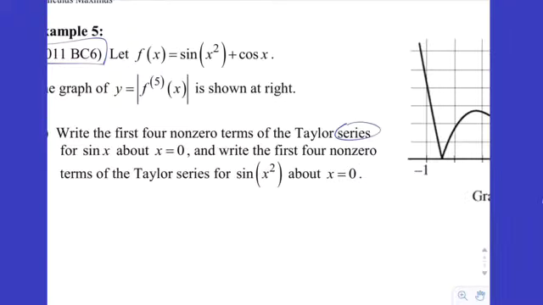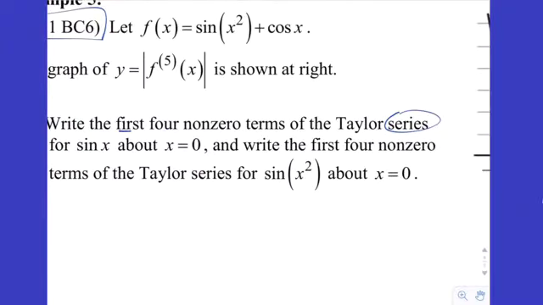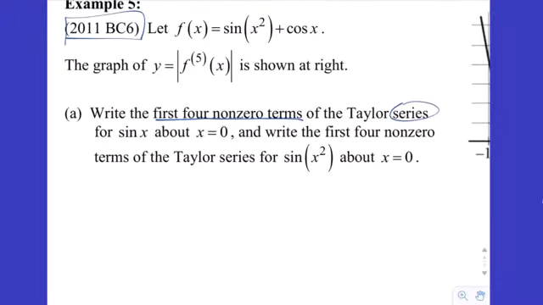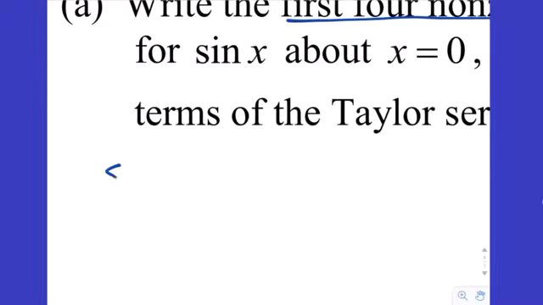So first of all, it's a series, so is it going to be equals or squiggles? Equals, right? And we're writing the first four non-zero terms. Does it say to write the nth term or the general term? No, so don't volunteer it if they didn't ask for it. So here we go. It's centered at 0, so it's really the Maclaurin series. It's the one we memorized.